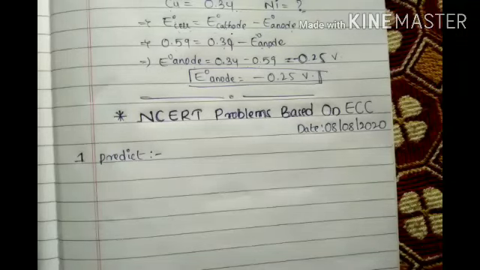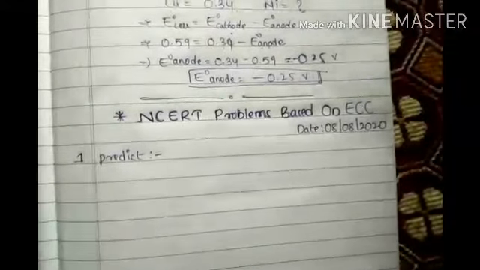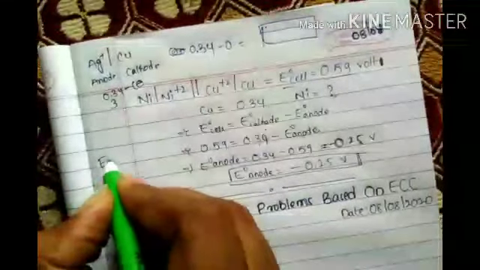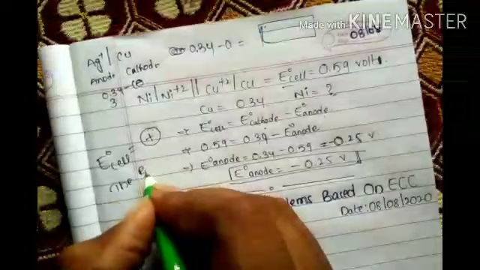Reduction potential. Before going to that, I will tell you one thing. Some chemicals will react, some chemicals won't react. If the E cell value is coming positive, the reaction takes place.